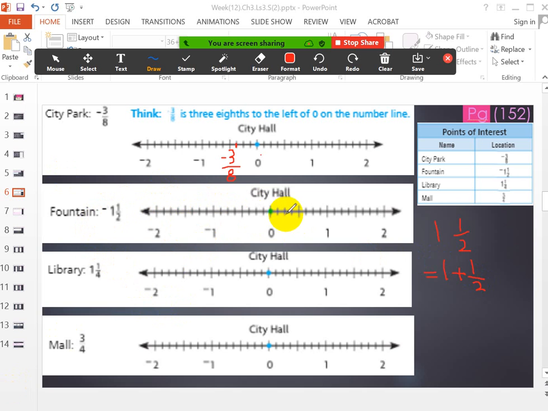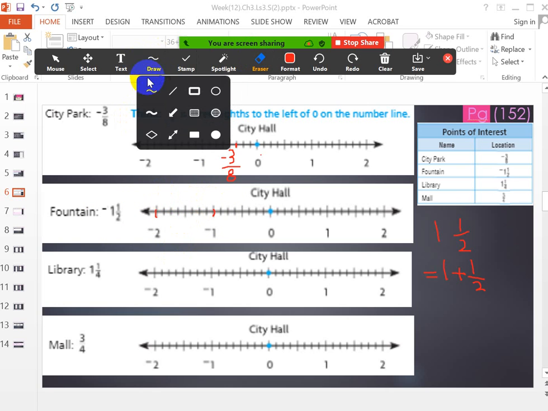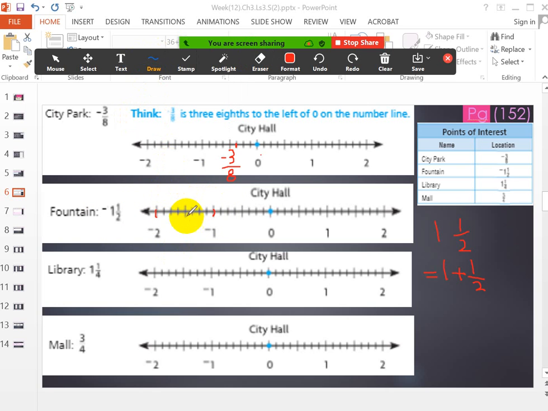1 and 1/2. That means this is -1, sorry, and 1/2. 1/2 means I have to divide the distance between 1 and 2 into 2 equal parts. You know that 1/2 means a half, right?